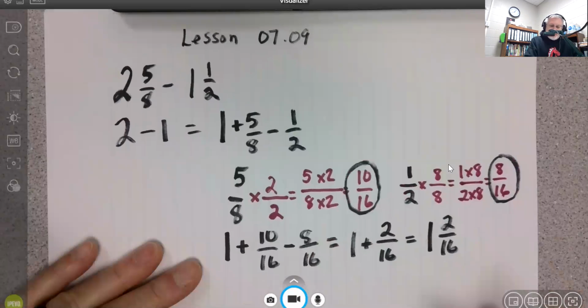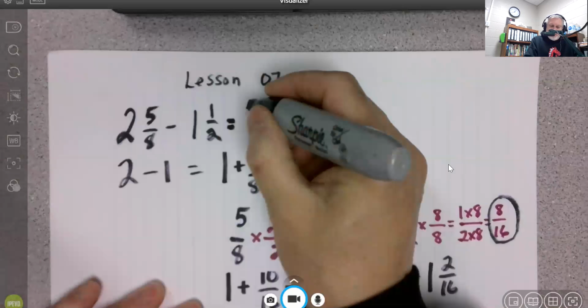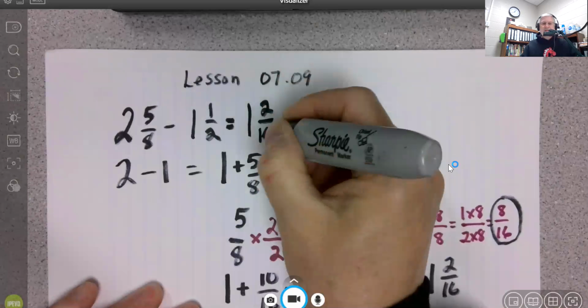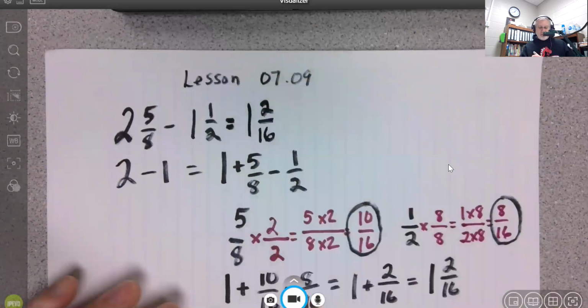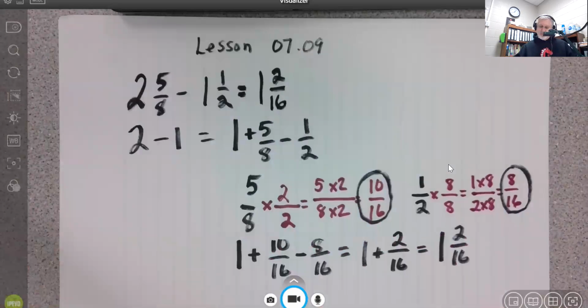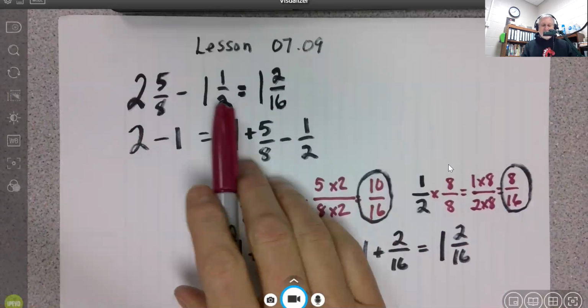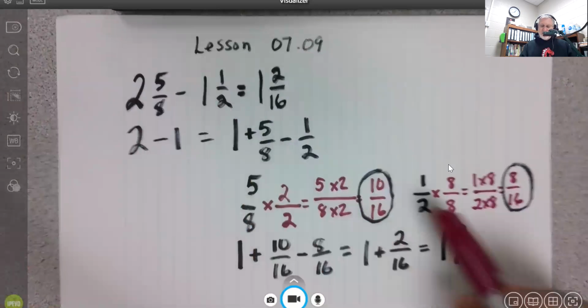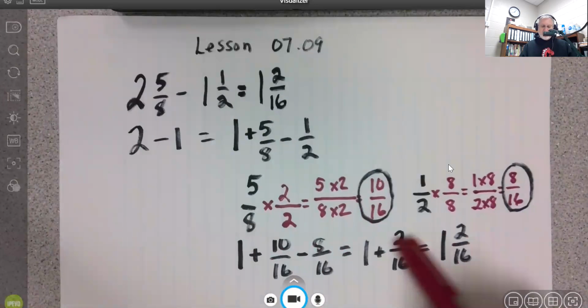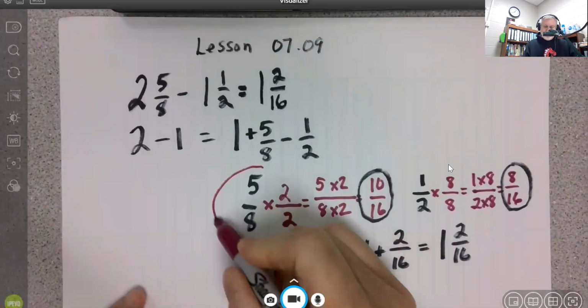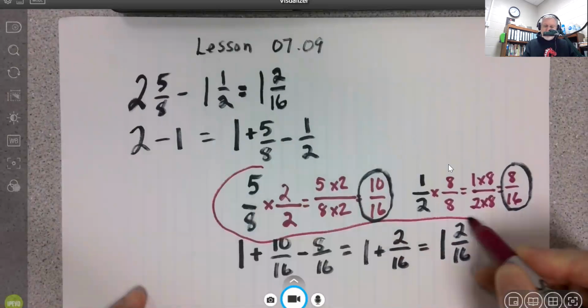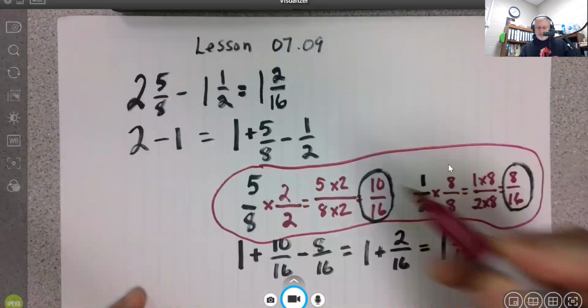So I go up to my original problem and put 1 and 2/16. And that is one way to subtract a mixed number with unlike denominators. So we use the multiplication model here. I multiplied by the opposite denominator.